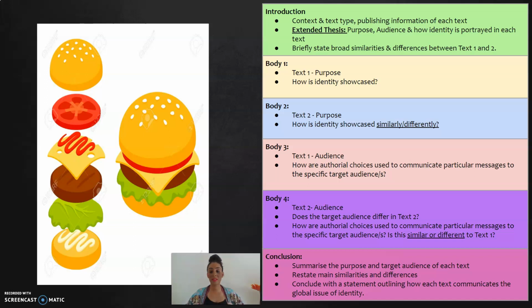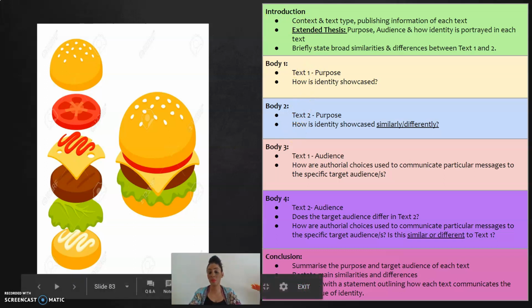And when we talk about text 2's purpose, so the overall intended message, what is it trying to communicate to the reader and why was it written in the first place? We then also talk about how identity is showcased and has it been showcased similarly or differently in comparison to the body paragraph 1.